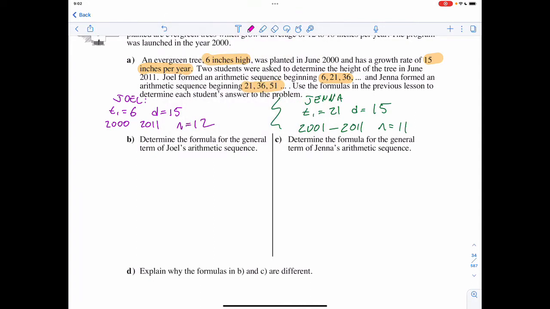The thing is, in both cases, when we use their formulas, for Joel, if T12 is equal to 6 plus 12 minus 1 times 15, then term 12 is going to be 171 inches.